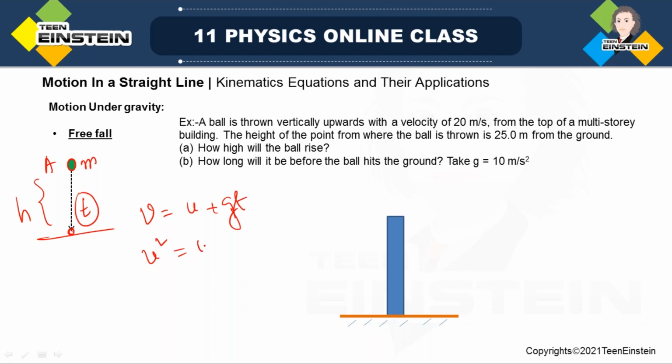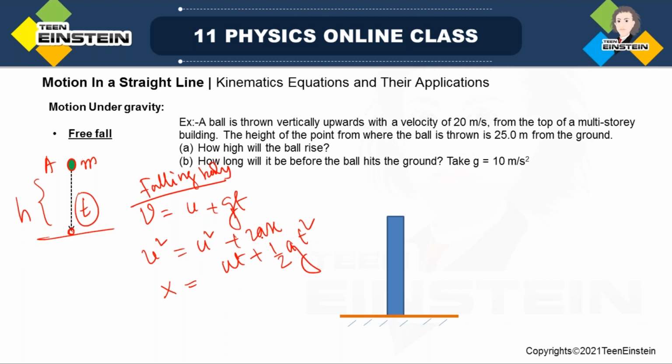The second equation, v square is equal to u square plus 2gh if the object is moving towards the ground. So this is a freely falling body. And what is the displacement? Displacement will be ut plus half g t square.